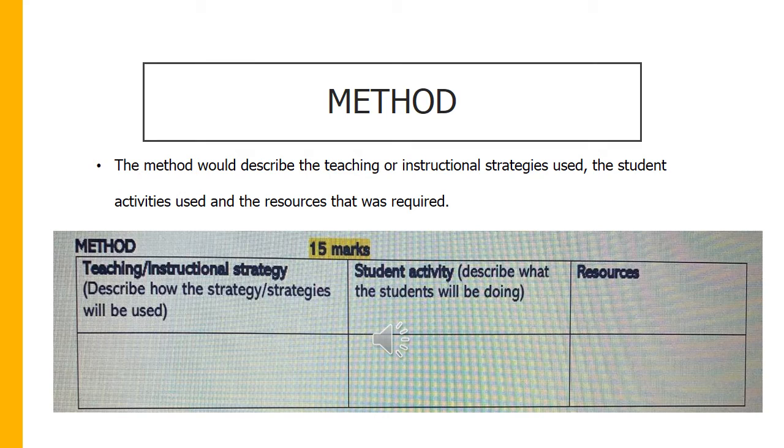The method will include your teaching strategies, student activity, and resources. Your effective and efficient teaching strategies will facilitate smooth and easy understanding of the lesson. So, for instance, a video that explains the landforms.